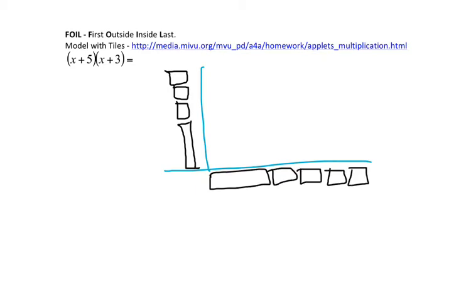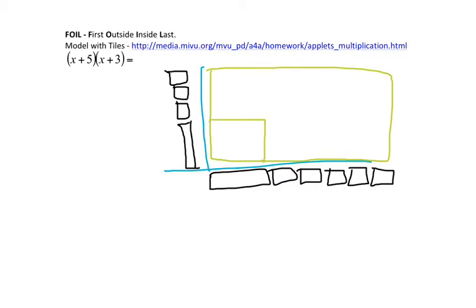Now I'm going to fill in the area because this is a length times width. I want to fill in this total area here, represented by my length times width. Well, I know that this part of my area is x times x, so this part is an x squared.